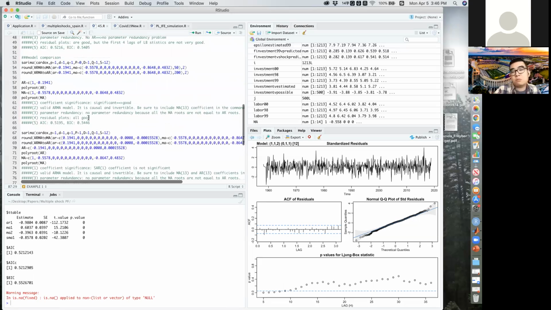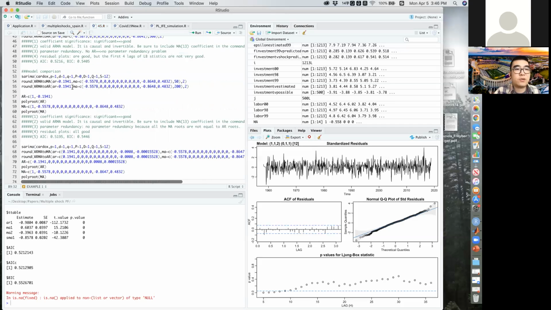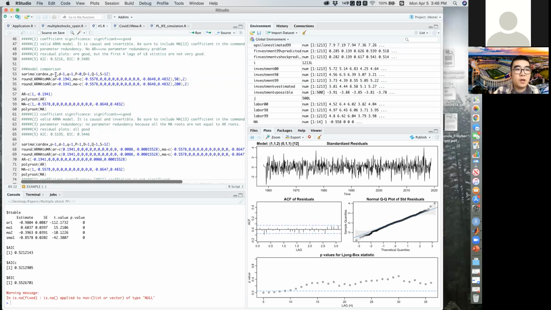Okay, so this perhaps suggests that my model number 2 is the best model. And just recall the model number 2 is 111 times 01112 model. This is perhaps our model to model this carbon dioxide concentration.